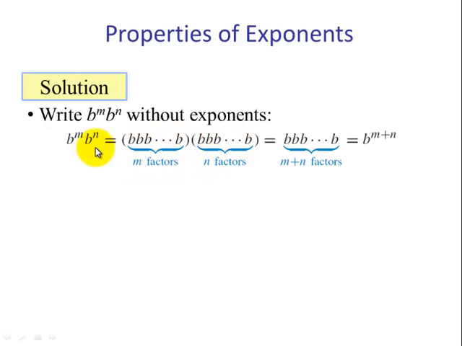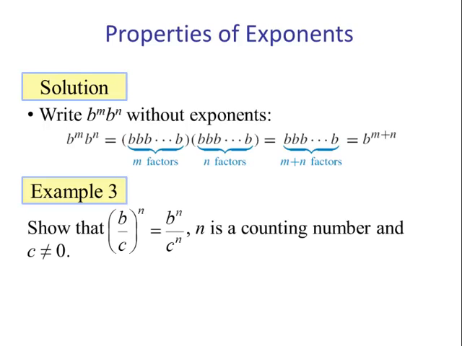This number will be b to the n factors, and that is equal to all the b's to the m plus n factors. To verify this for yourself, you can use different values of m and n and verify it using the graphing calculator, just like we did in the previous example.